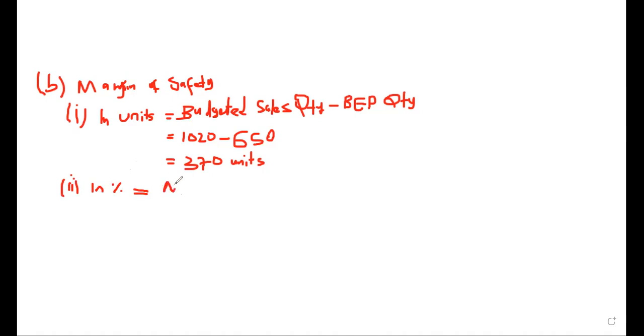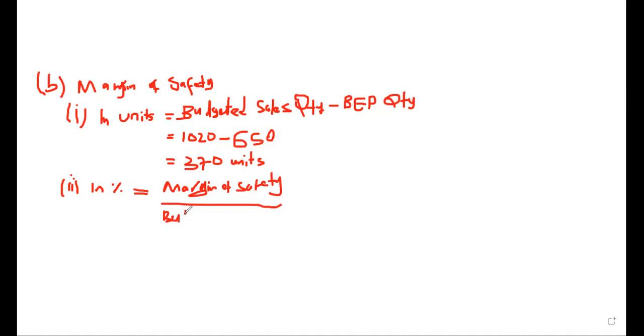So here on top, we have the margin of safety units, these are units, divided by budgeted sales units or sales level or volume.